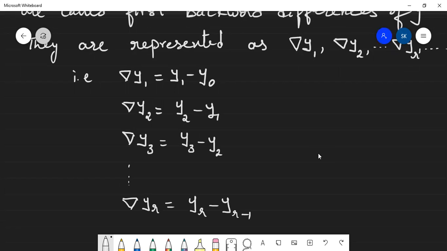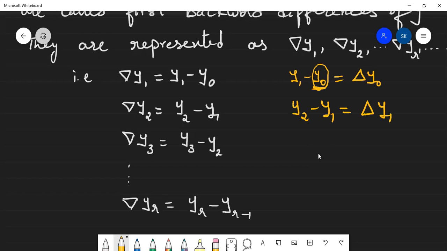Now I have written something similar to forward differences. But what is the variation here and there? There, y1 minus y0 was represented as forward delta y0, the second position. y2 minus y1 was represented as forward delta y1.